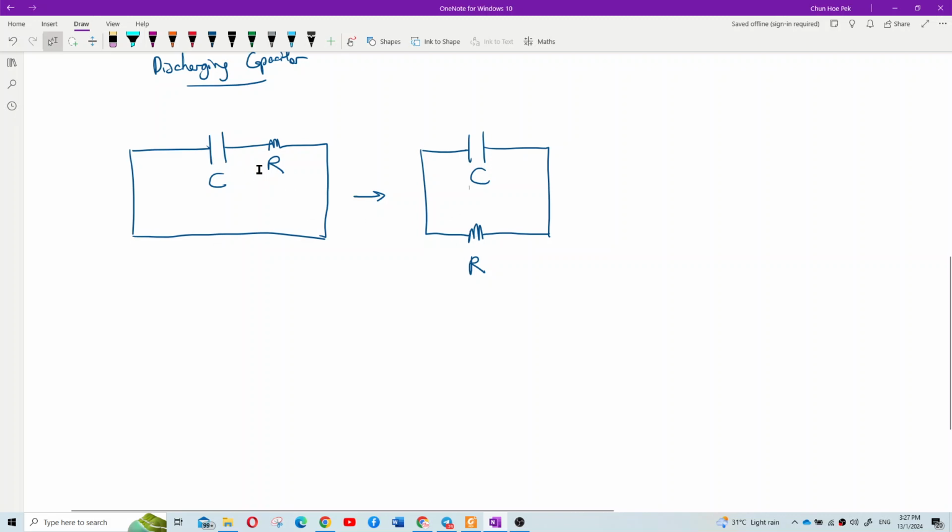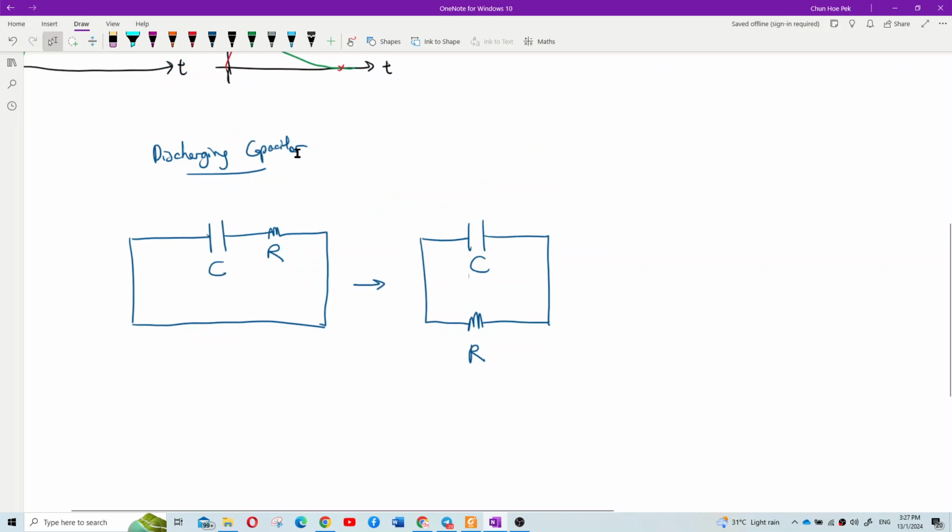So this capacitor and resistor, you nampak macam series kan? Is this capacitor and resistor in series? No, they are not in series. They are in parallel.